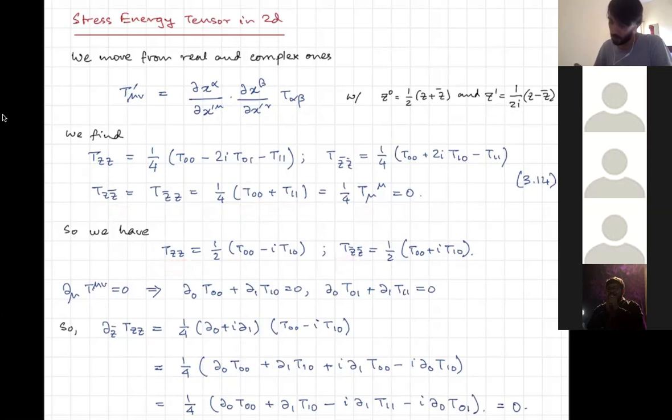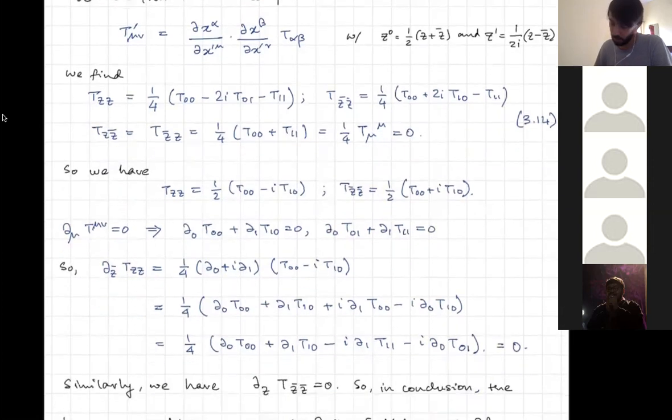Now remember, del_mu T^mu nu equals 0. So in that case, you can rewrite this. So del_0 T00 plus del_1 T10 equals 0. And the other way is del_0 T01 plus del_1 T11 equals 0. So if you want to look at del_Z̄ of T_ZZ, you have to resubstitute what del_Z̄ is.